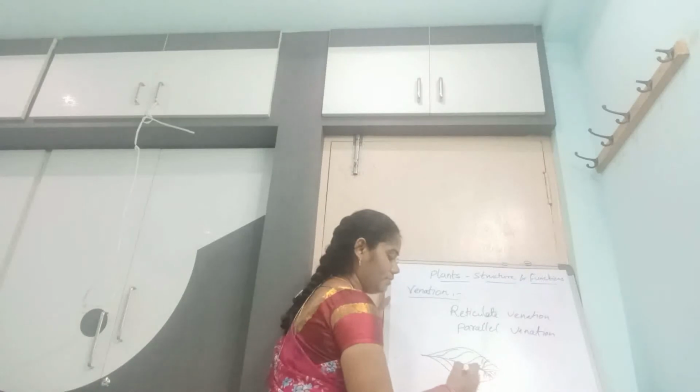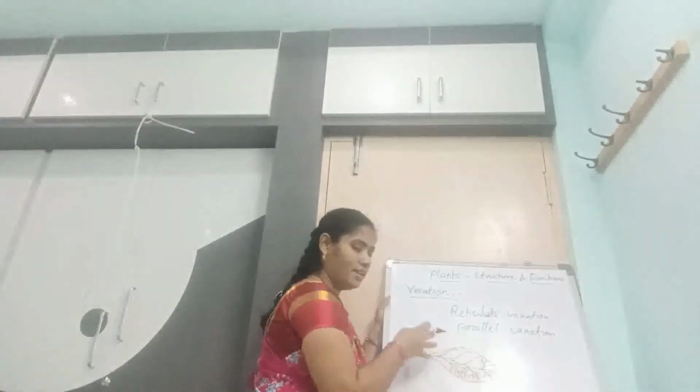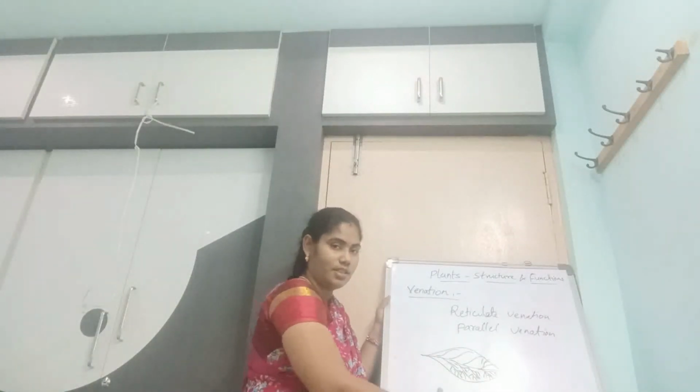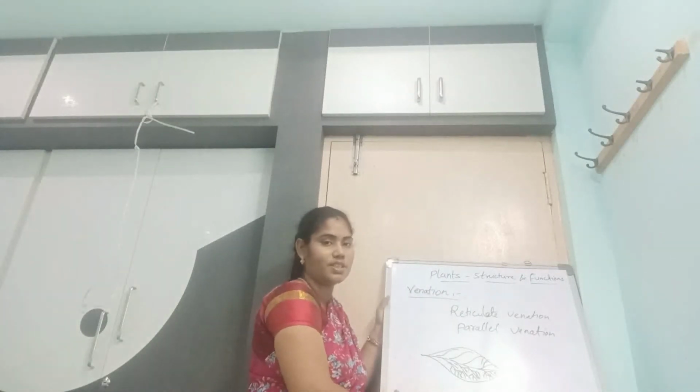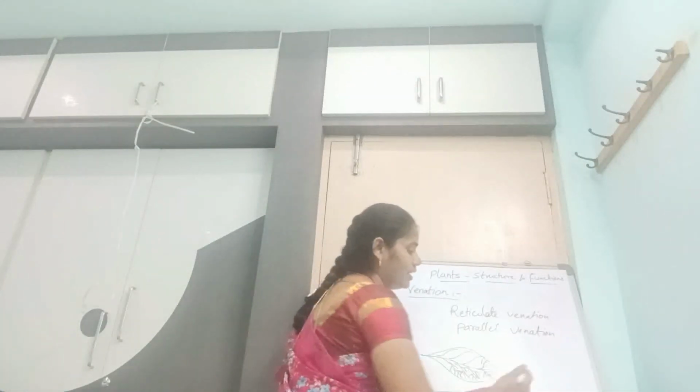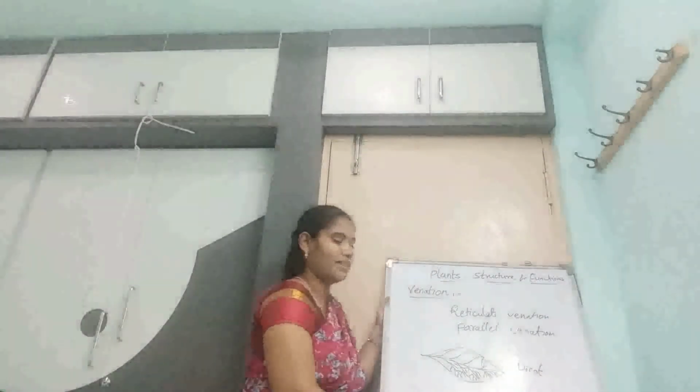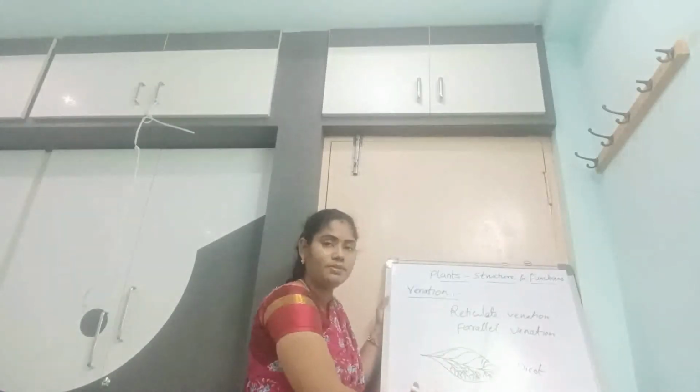This type of venation is called reticulate venation because it forms a network-like structure. This is seen in dicot plants. Almost all dicot plants have this type of reticulate venation.